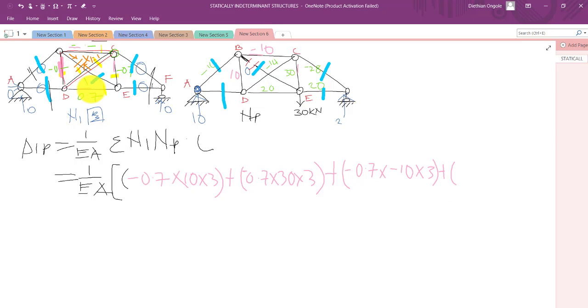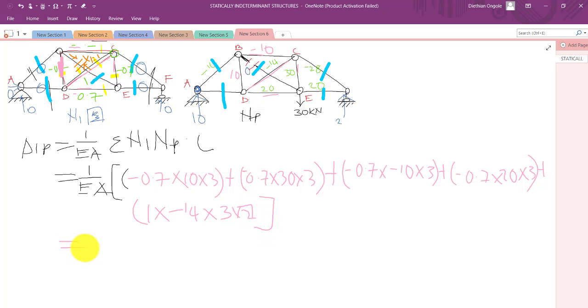It has a value of negative 0.7, then times here we have a positive 20, then times this length which is a 3, and then lastly plus this slanting one here. The n1 is 1, then times negative 14, then times its length, that would be 3 root 2.